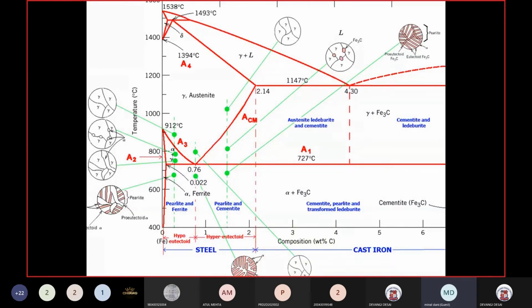So suppose हम लोग ने मान लिया कि this is 0.8, तो exactly in between 0.4 will come. So you have to draw vertical line in the weight percentage carbon. ये जो ग्रीन डॉट डॉट डॉट दिखा है ना, ऐसे you have to draw the vertical line at 0.4% carbon, and if you match with the y-axis the temperature, whatever temperature is coming, you have to heat above that.